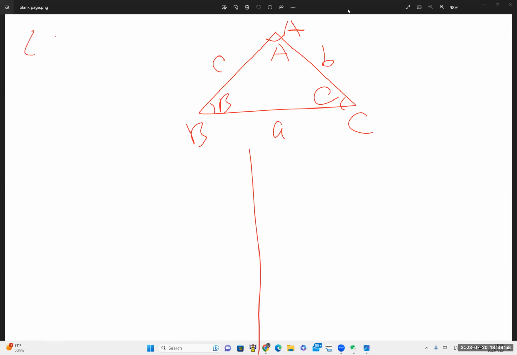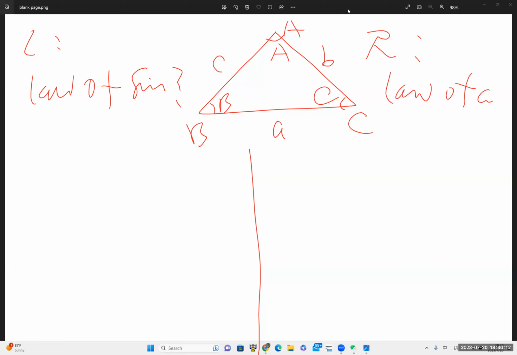Neil, can you mention the law of sine? Can you mention the law of cosine? Oh, okay. Do I write it or I just say it? Okay, I'll write it.